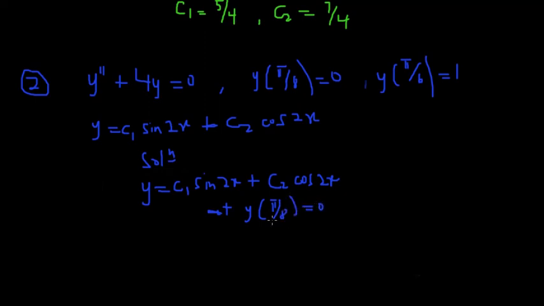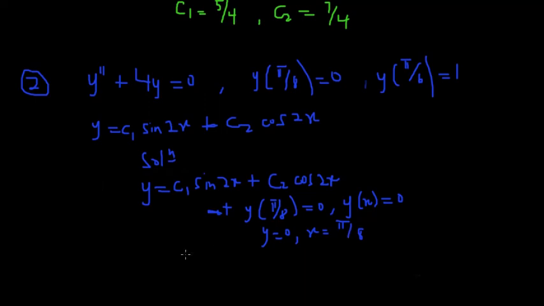This is the same as this form. Remember, this is the same as this. So it means that our x value is pi on 8, and then our y value is 0. This is the same as this, and then x value to be equal to pi on 8. Remember this.